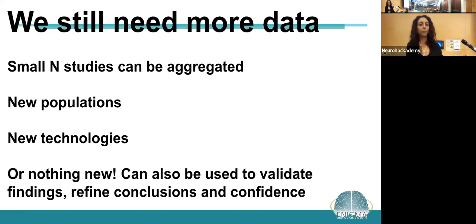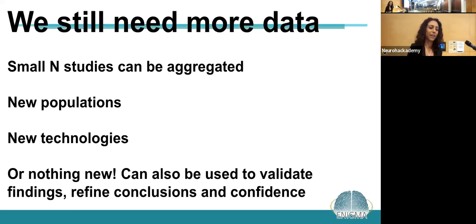So we still need more data. I know there are a lot of data sets out there, and we have so many resources, but really, even a small sample study can be aggregated with larger studies, and you can look at new populations, new technologies, and advanced acquisition methods. Or nothing new, really.